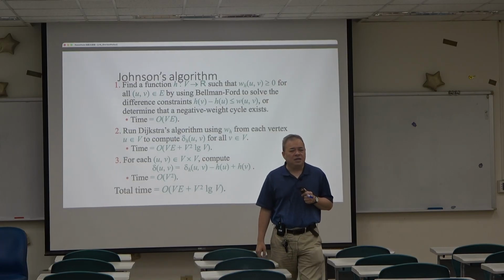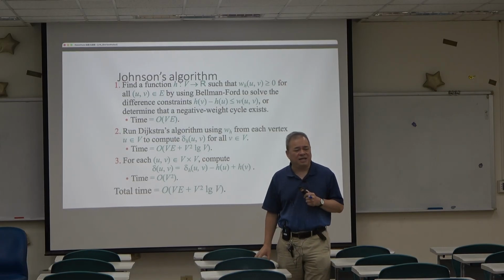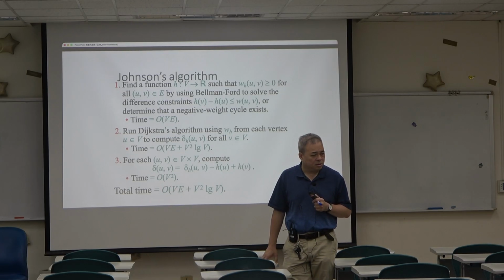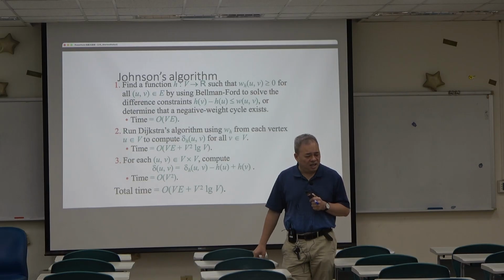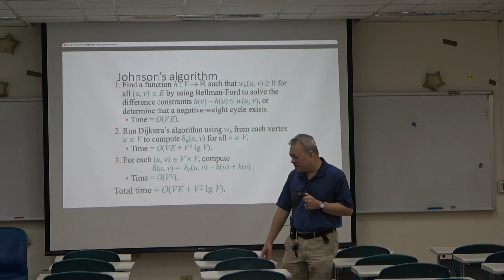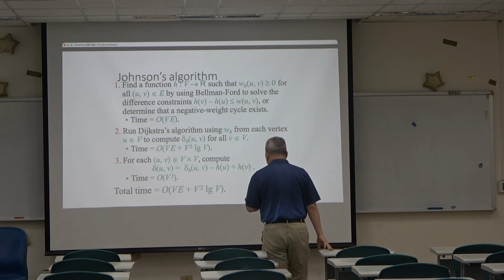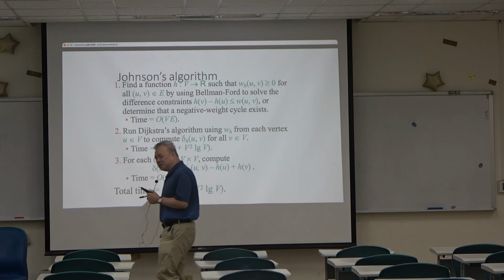But if your graph is not dense, this one indeed is a better algorithm compared with Floyd-Warshall, because you don't have that many edges. Then yes, the complexity is lower than V cubed.